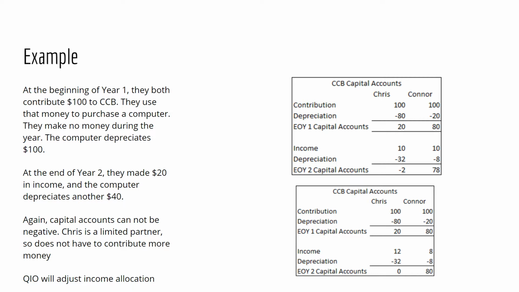Now Chris's capital account is still negative, so that top table does not have substantial economic effect. But what the qualified income offset is going to do is allocate some of that qualified income that they earned to make Chris's capital account zero. So instead of splitting income 50-50, Chris is going to receive a little more.